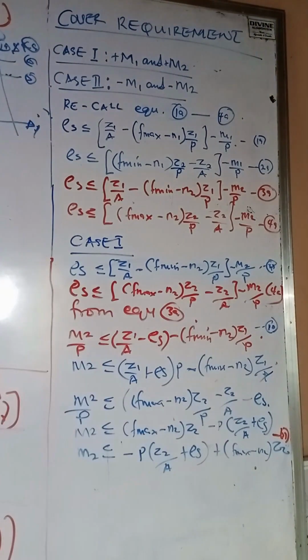We're going to solve for both. How are we going to do that? We're going to plot a graph for both of them. So let's quickly plot the graph and obtain the solution for the cover requirement for this case.